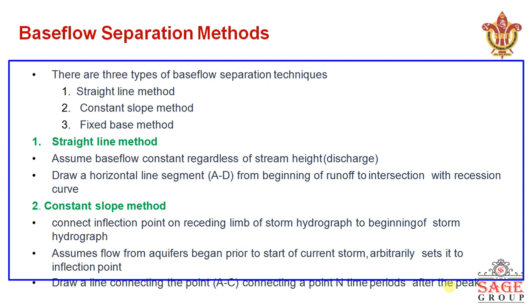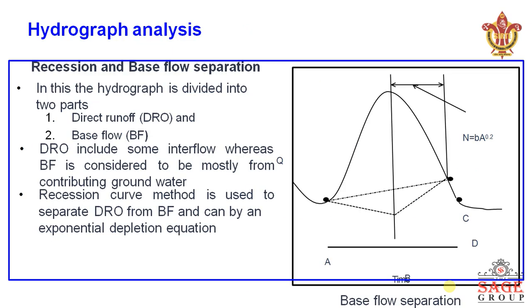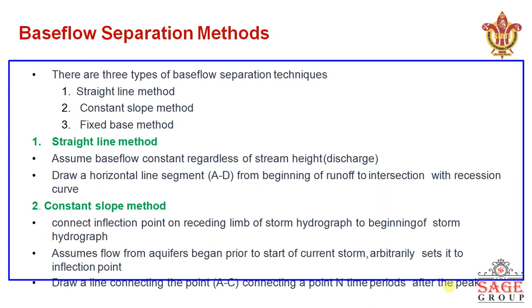In this case, draw a line connecting the point AC, connecting a point n times period after the peak. So we can see the inflection point and point A to C. So the area above AC is the direct runoff, and the area below AC is base flow.